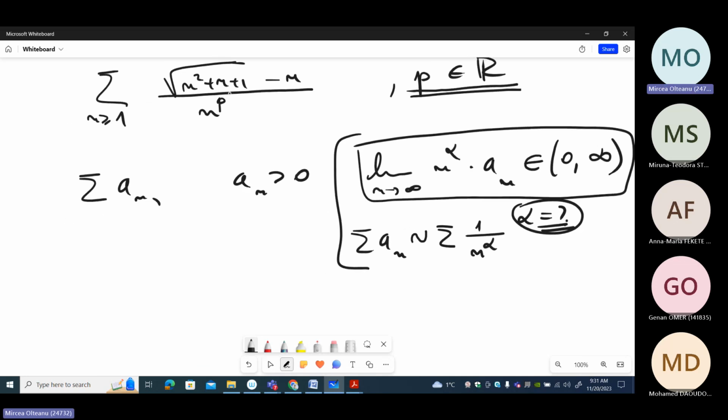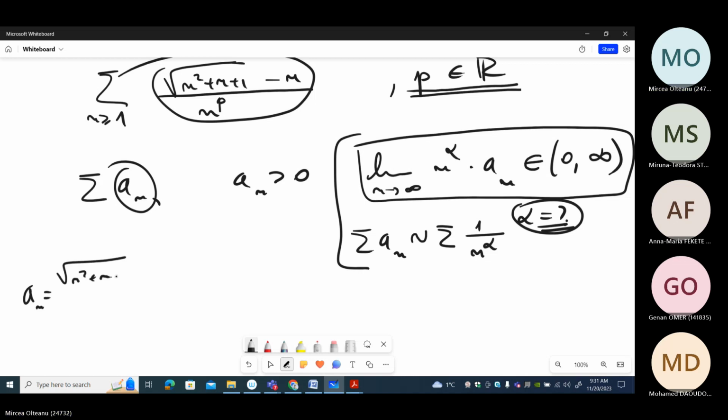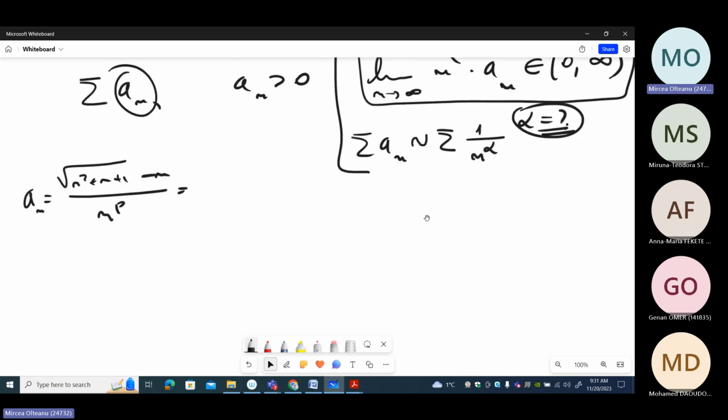We need first a small transformation of the sequence. So in our case, a_n is this one, of course. It can be transformed a little bit by amplifying with a conjugate.